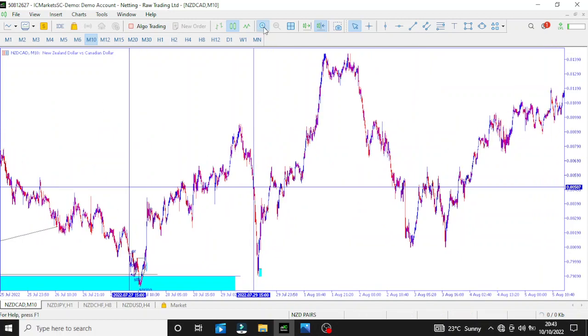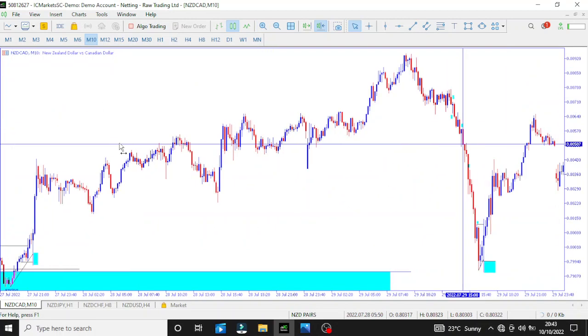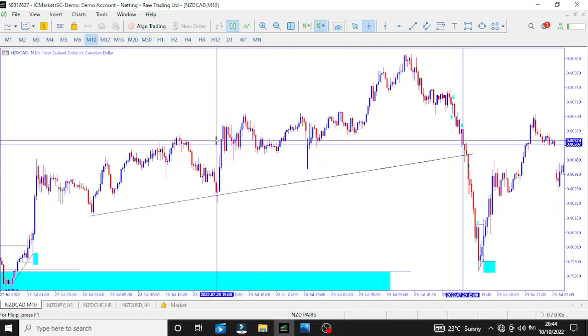You see, New York session opened around this area and went on to create this liquidity, which was introduced on the previous day, and went on to manipulate. You see this momentum move. It cleared all the liquidity below.